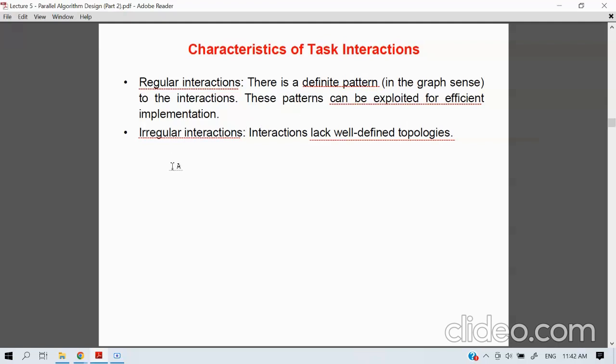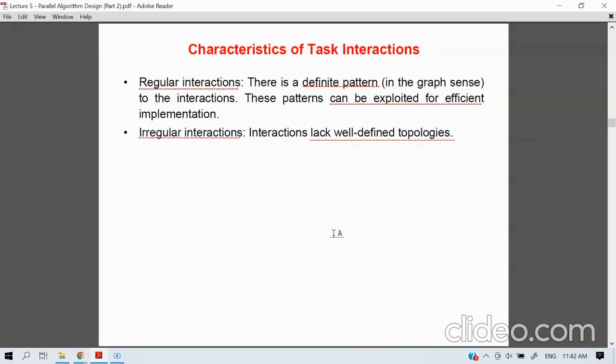However, for irregular interaction, the interactions lack well-defined topologies. We do not know what kind of topology or pattern, or maybe the pattern is quite complicated, so it lies under irregular interaction. The interaction cannot be stated or standardized.